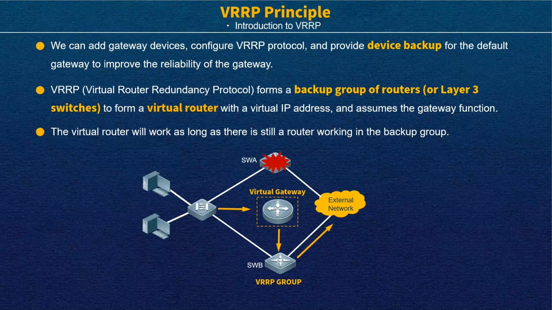How to detect that switch A is broken, how to change the master device to switch B, and how to forward the message out, all of this is done automatically. We only need to add the configuration to create the VRRP group and add switch A and switch B to the group. That's all. So it's very easy if we use the VRRP protocol.